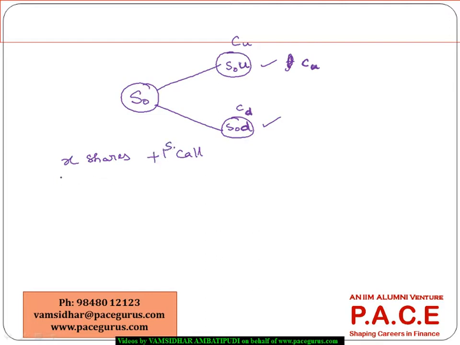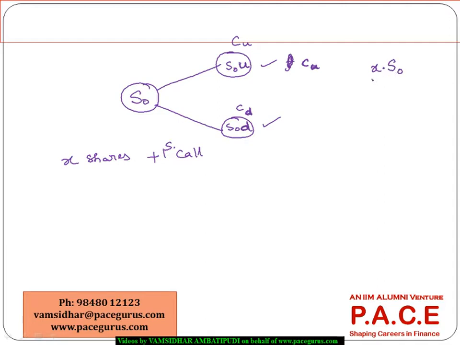So now let's say the current stock price is S naught. So probably I would have invested X times S naught to purchase X shares.